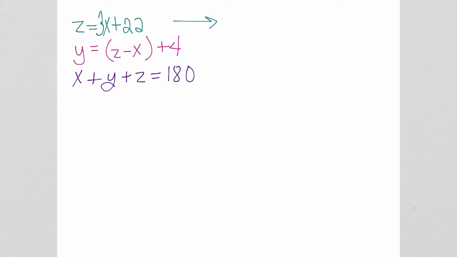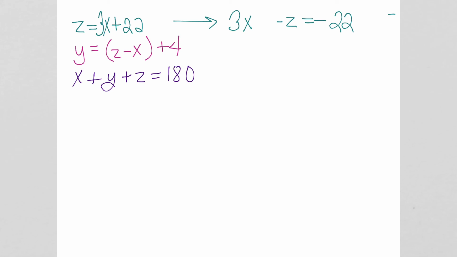So for the first one, we've got 3x, we don't have a y, subtract z, and then we're going to get the 22 over, so it equals negative 22.